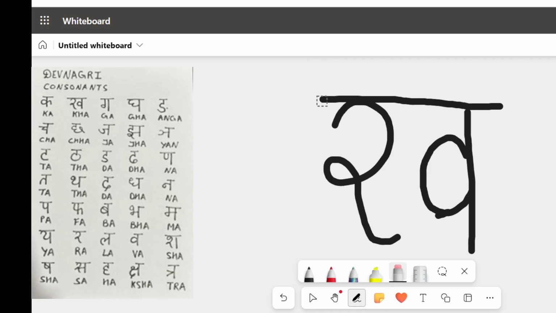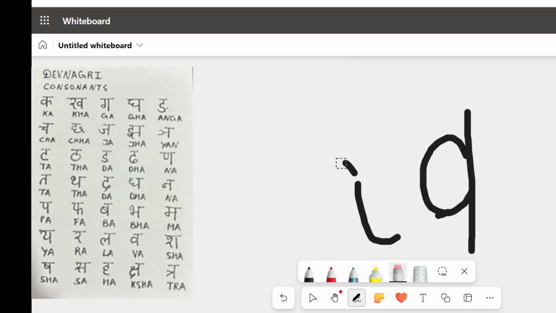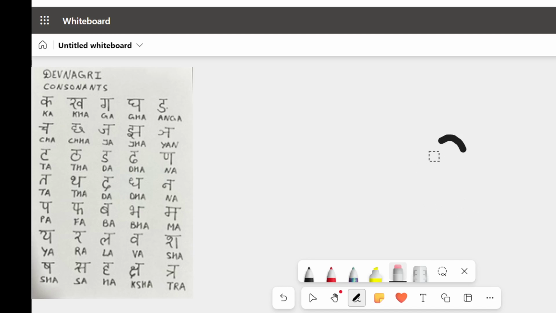That's why in the chart you see that all the consonants are covered with this line on the top, this final stroke.